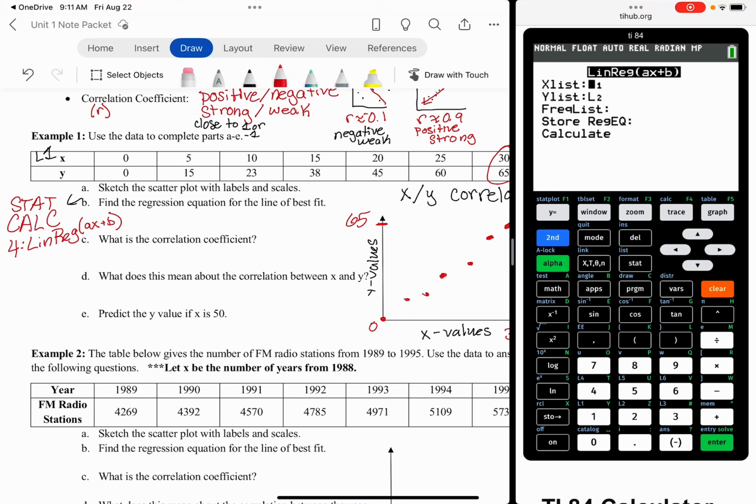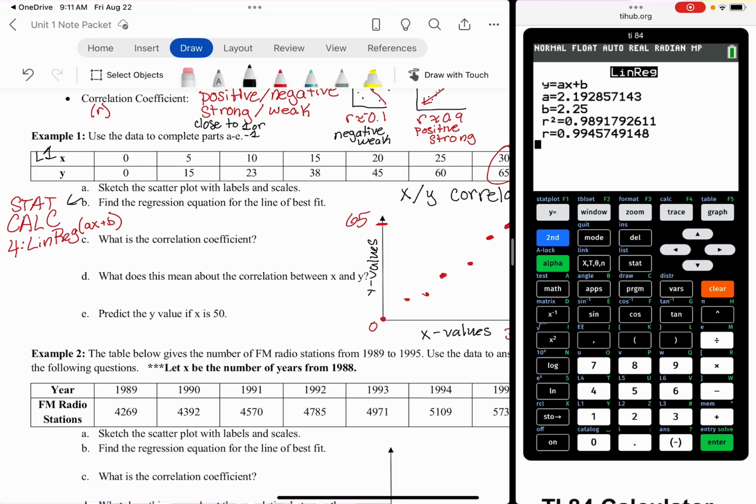Once you are on this page, linear regression using list 1, list 2, we are going to hit the down arrows to go to calculate, and then hit enter on calculate. Now it's going to give us the information for an equation. So they give us the a value, which goes in front of x, and they give us the b value, which is our constant at the end.